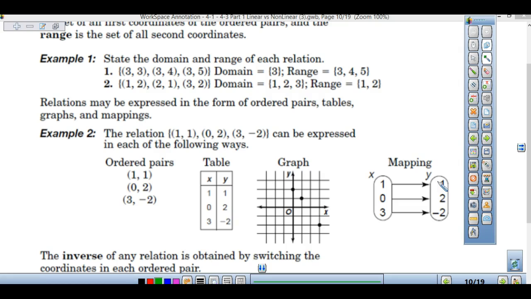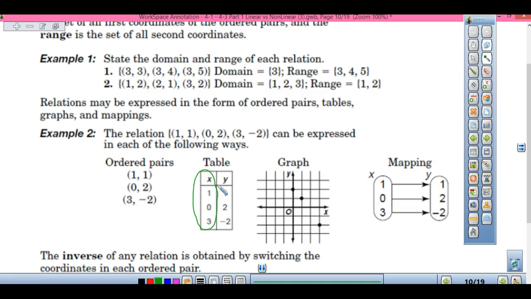No big deal. Now, if we look at our X's, if we look at our inputs, are there any numbers that repeat? Come on, perk up. I know it's Monday morning, but okay, we've got 1, 0, 3. Any repeats? Nope. Therefore, it is a function.